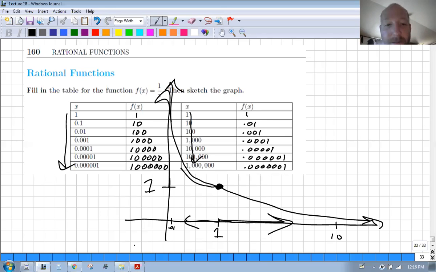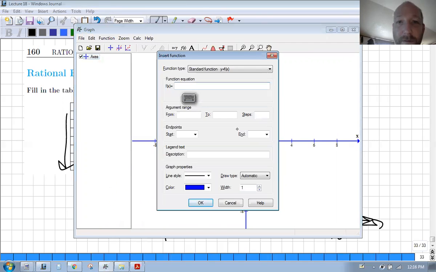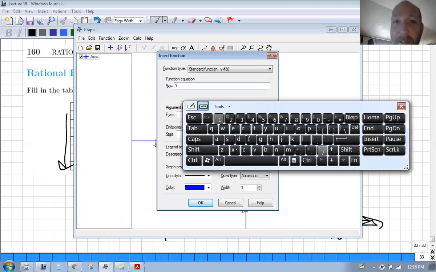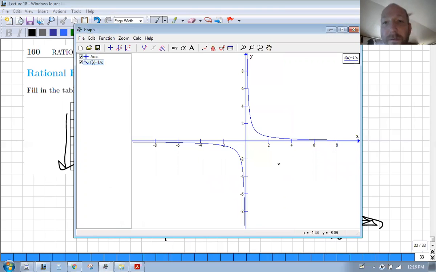All right, let's use our graphing software here. Function, insert function. 1 over x. Okay.